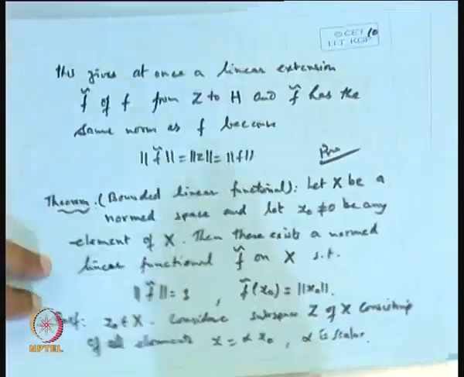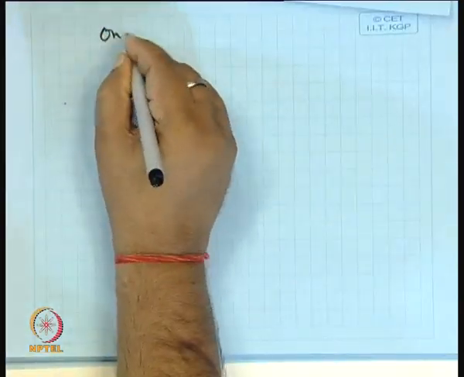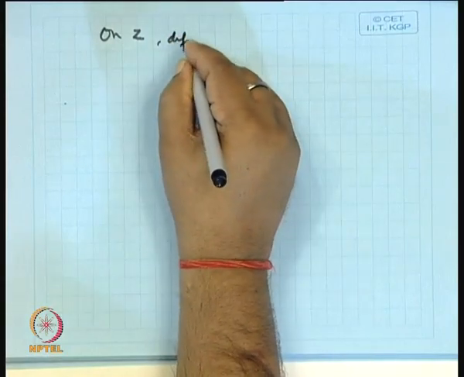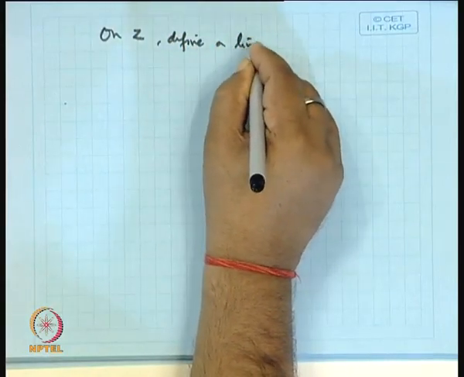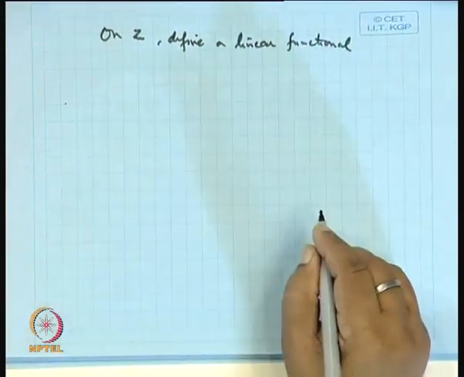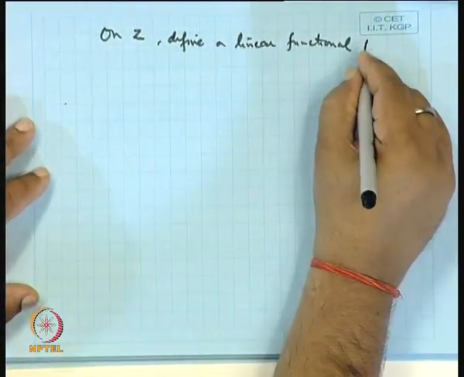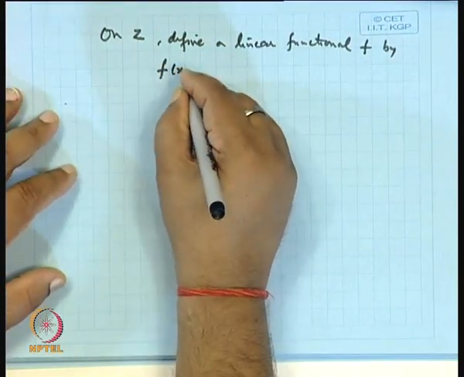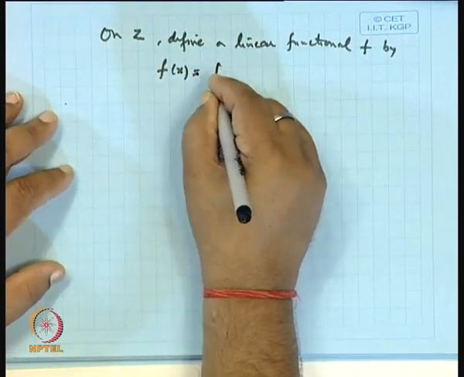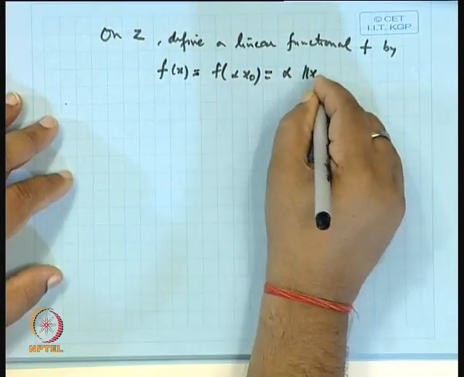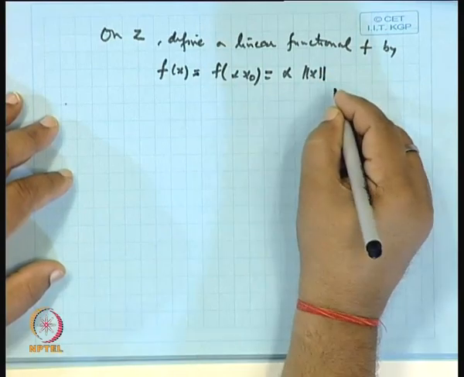Now, on Z define a linear functional f of x, where x means alpha x naught, as alpha times norm of x naught.